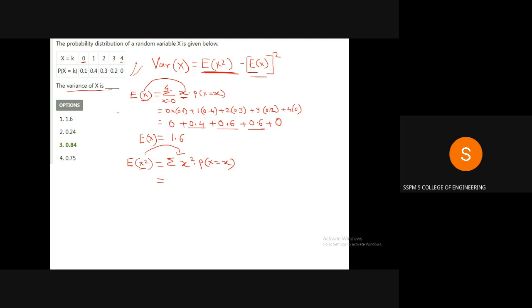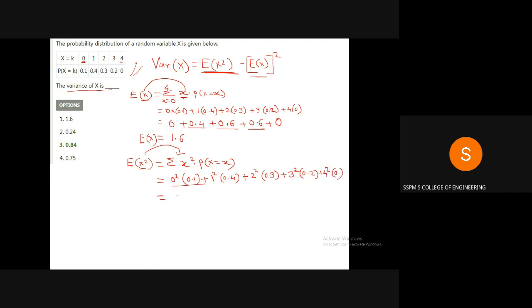First x is 0, so 0 square into 0.1 plus 1 square into 0.4 plus 2 square into 0.3 plus 3 square into 0.2 plus 4 square into 0.